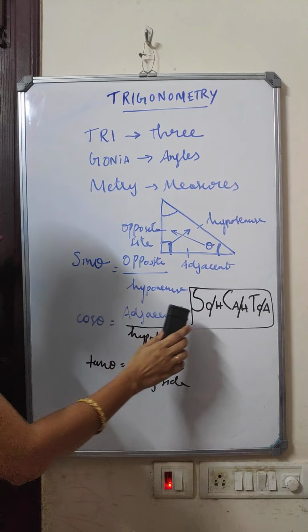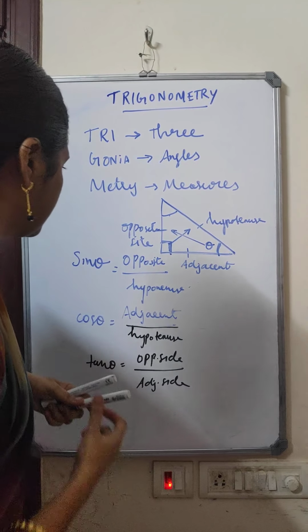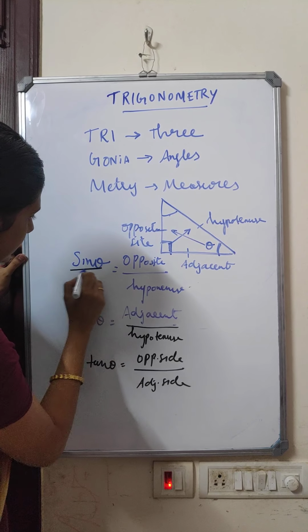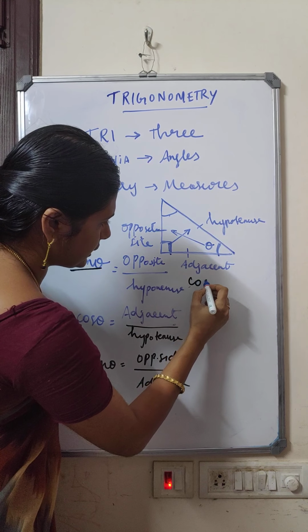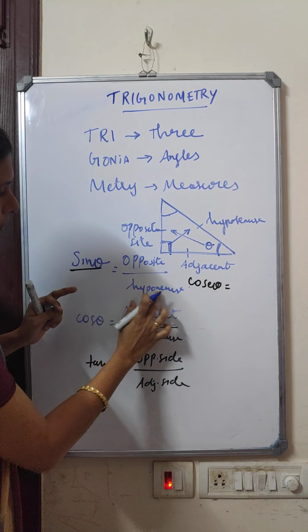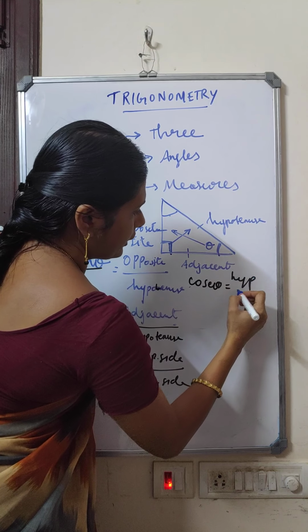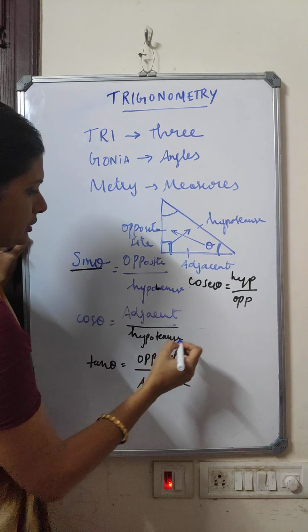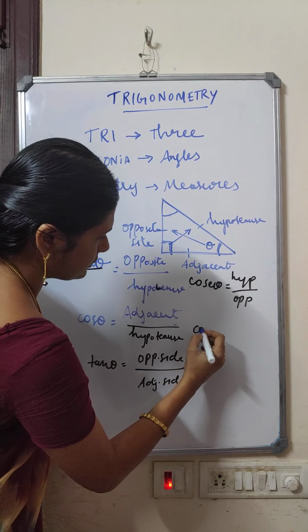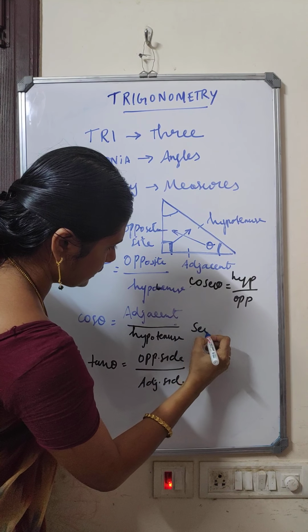The reciprocals also we will see, side by side. The reciprocal of sin theta is cosecant theta. Cosecant theta is just the reciprocal: hypotenuse by opposite. Cos theta's reciprocal is secant theta.